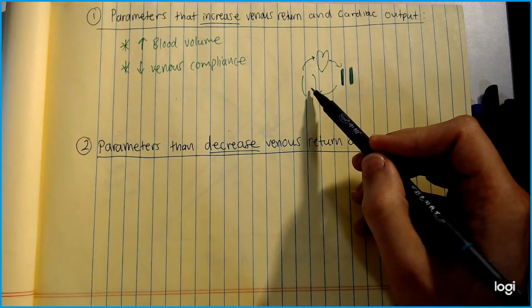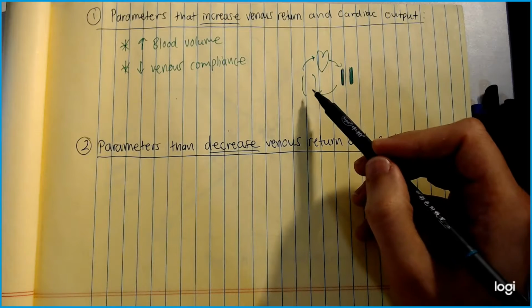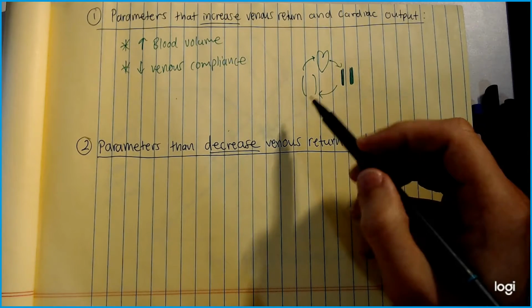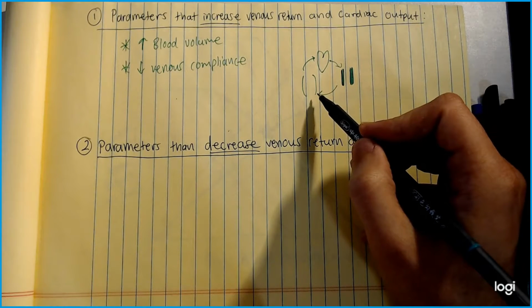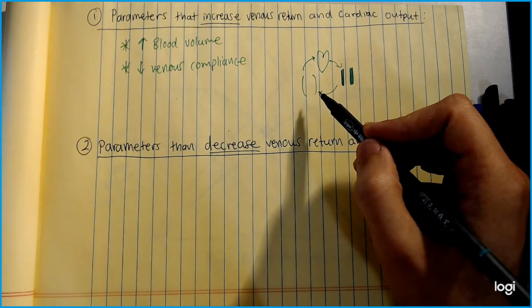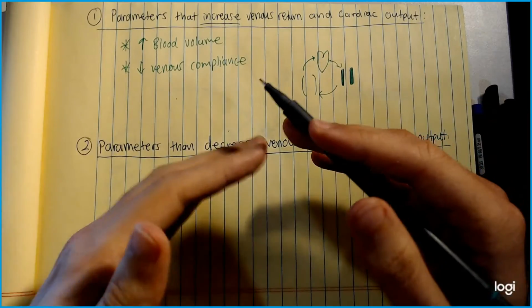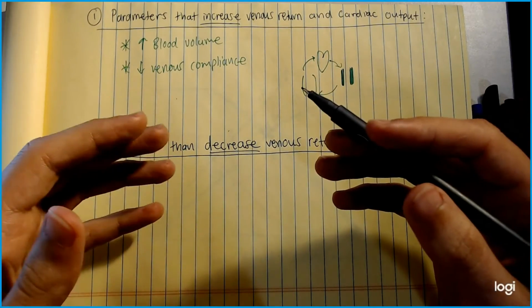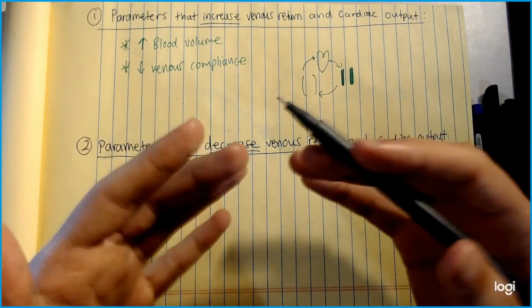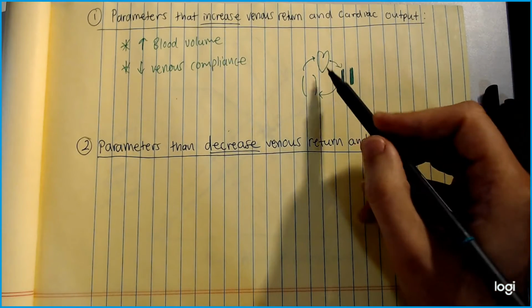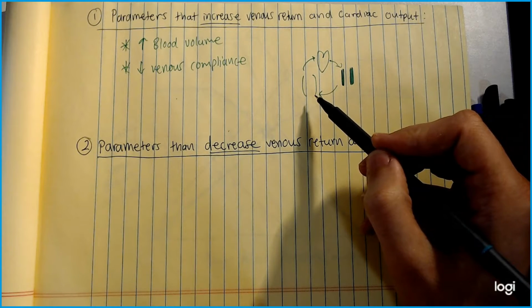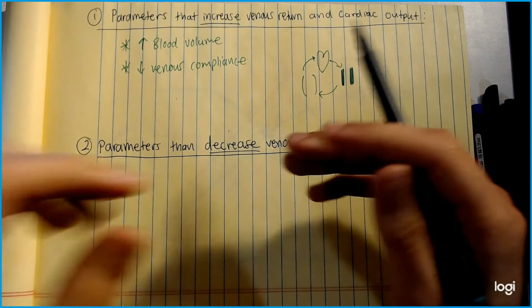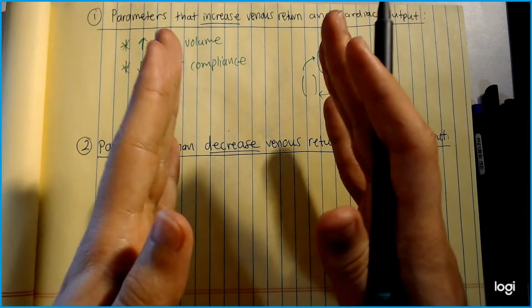So if the veins are less compliant, then that means that the veins are less likely to hold the blood, because veins can distend, and when they distend, they can hold more blood because of their lower pressure. And so if the vessel wall is less compliant, that means it's going to hold less blood. And so instead of distending and opening up, it's going to stay closed, right?